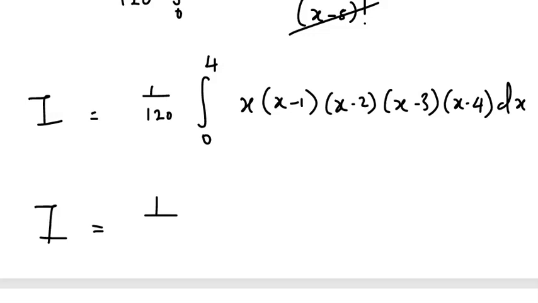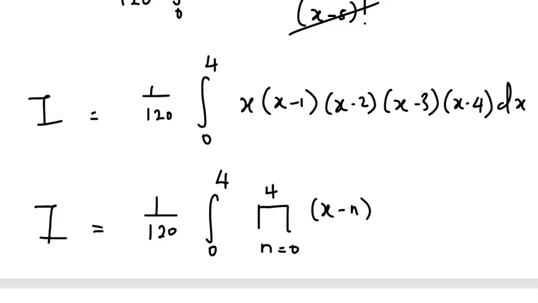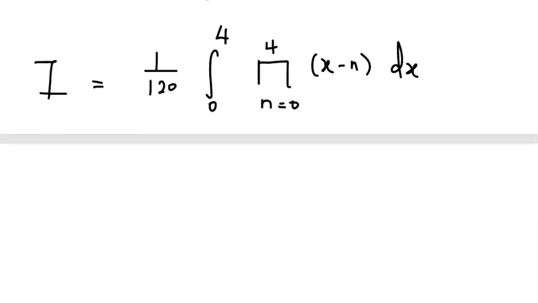Now we're going to write this in terms of products. So I is equal to 1 over 120 multiplied by the integral from 0 to 4. So this right over here is the same as the product as n goes from 0 to 4 of just x minus n, and then dx. So if n is equal to 0, we get x minus 0, which is x.